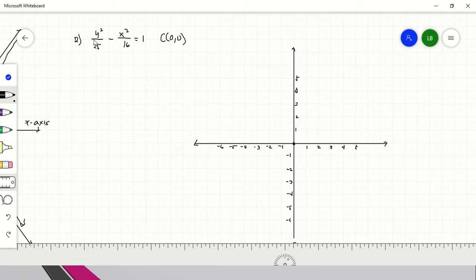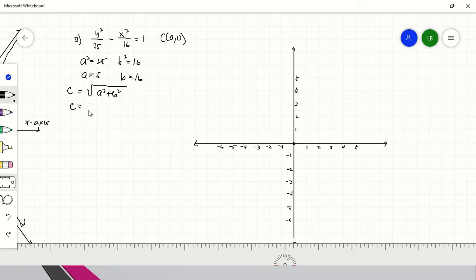So, this is a squared equals 25. So, b squared equals 16. So, a equals 5, b equals 4. And c equals square root of a squared plus b squared.